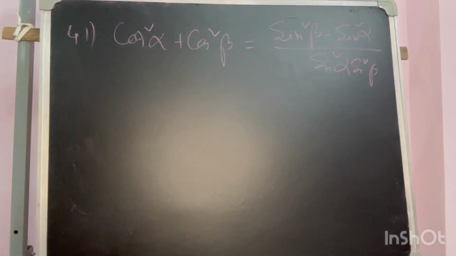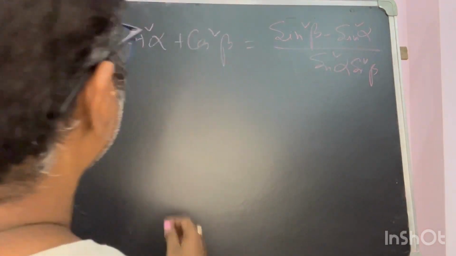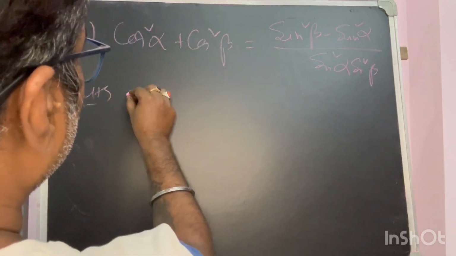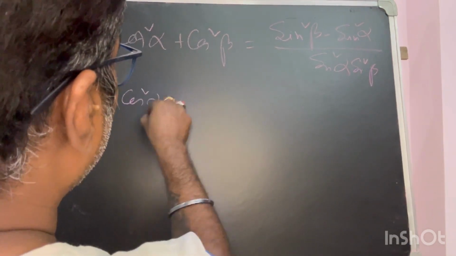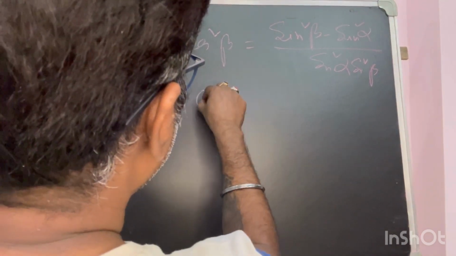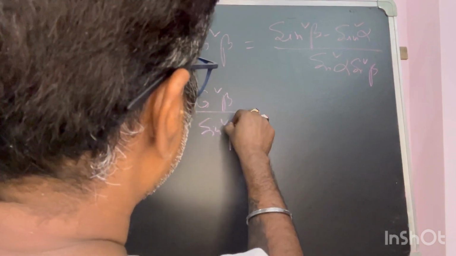So this you have to prove. Now starting with the left hand side, either you can start from there also, but I will start from here. So cot square means cos square alpha by sine square alpha plus cos square beta by sine square beta. It's a very obvious relation.